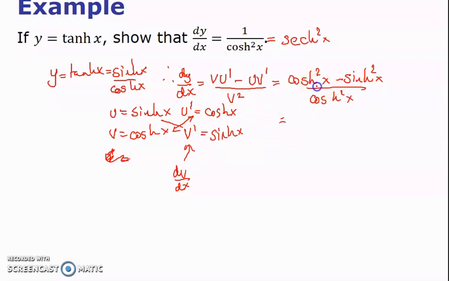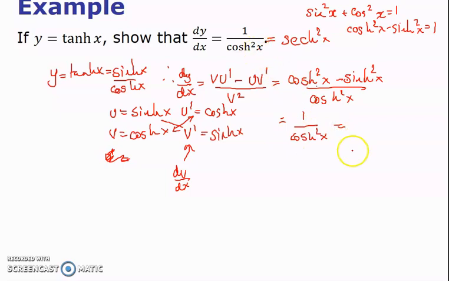And the great thing about cosh squared minus sinh squared, again you should already know that sine squared plus cos squared equals 1. And the equivalent for hyperbolics is that cosh squared minus sinh squared equals 1. So all this top bit becomes 1. This is cosh squared. And that's what they wanted, and I can just finish it off by writing sech squared as well.